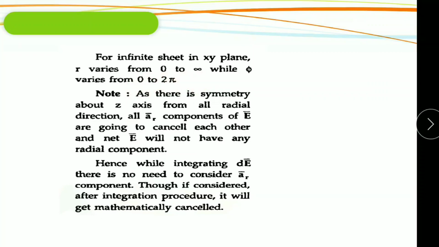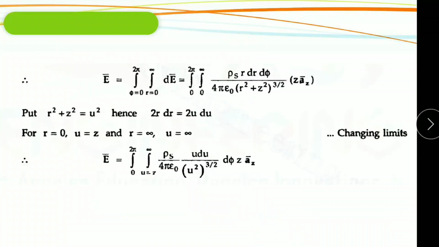Now as there is symmetry along the z axis from all radial directions, all ar components of dE bar are going to cancel each other. That means it has no electric field component along the radial direction. Hence while integrating dE bar, we do not consider the ar components. So we take only the z components.